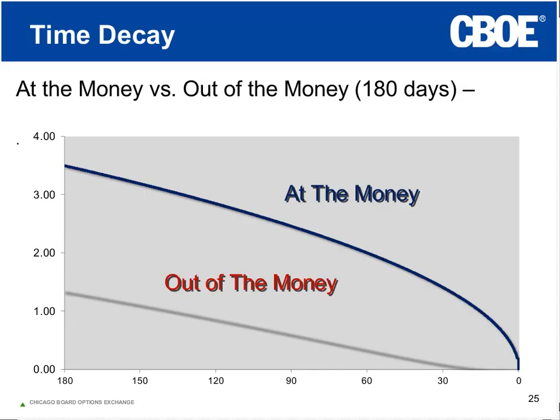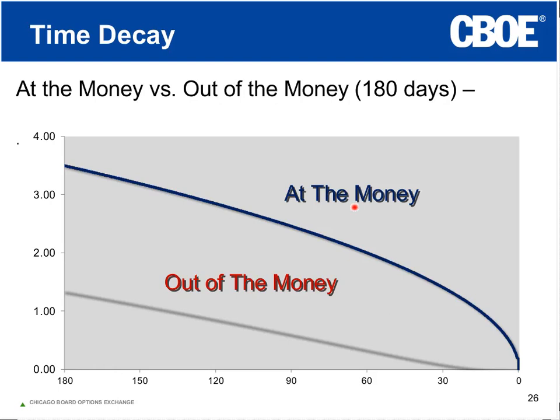Let's take a look at how at the money and out of the money option contracts experience time decay. Taking an option contract that's at the money and an option contract that was about 5 points out of the money as well. This is the value for both of these option contracts with 180 days to go till expiration. The big key on this chart is this part over here at the end, this almost waterfall type action that occurs with at-the-money option contracts.